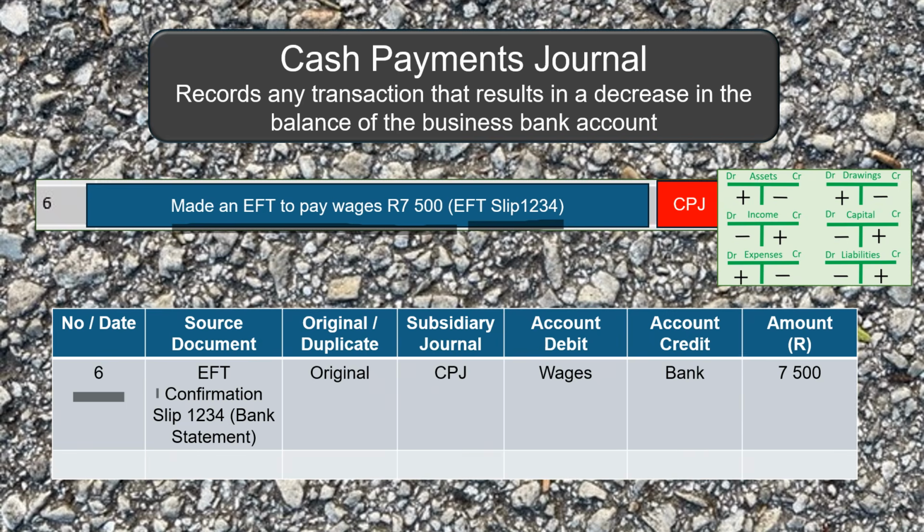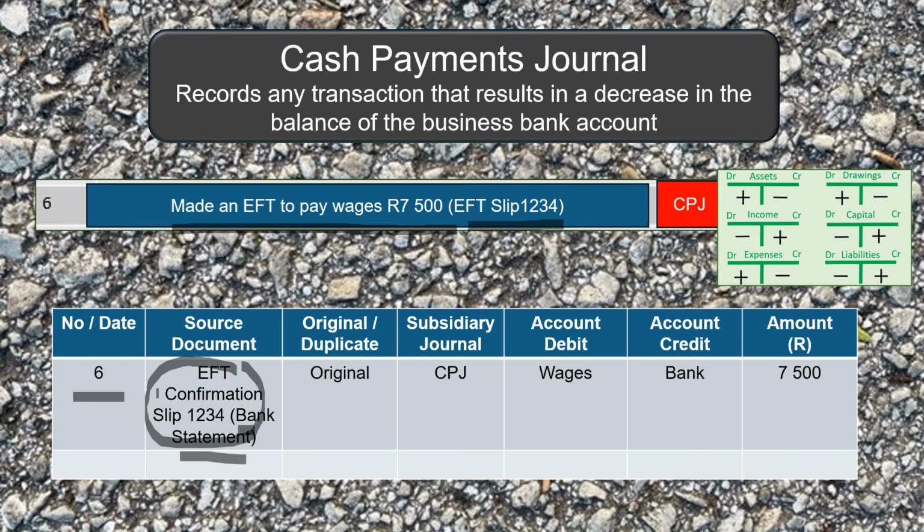You're not going to make a payment unless you've received an invoice, or in this case here, a bank statement. When we receive the bank statement, that can go with the EFT confirmation slip. But in the test, we will accept EFT confirmation slip or EFT slip 1234.